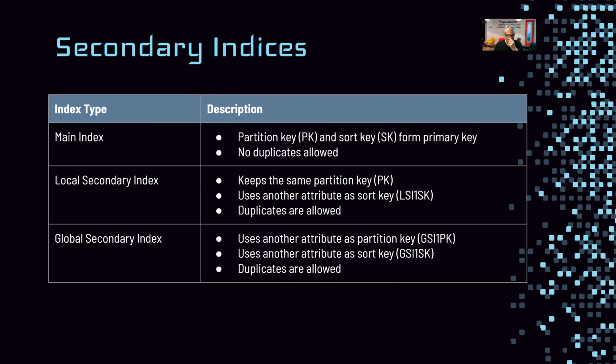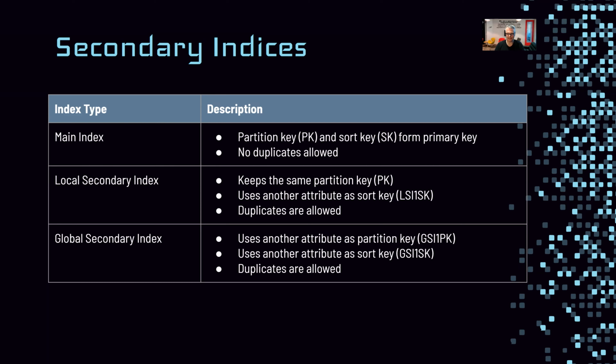Great. So let's talk about indices. So primarily, when you get started, the main table or main index is the only thing you have. You can add other indices to it, which give you new access patterns. Additional cost will be associated when you create them.